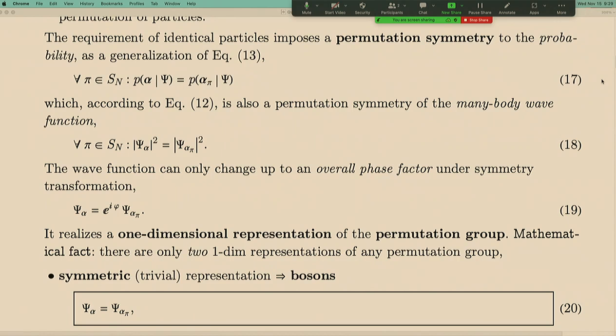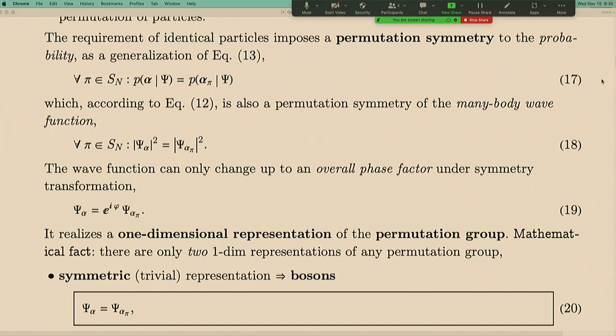There are n-factorial different ways of permuting that. So although this looks like one equality, it's actually n-factorial equalities, many conditions. No matter how you permute this alpha, all the possible permutations end up with different sequences, and they all have the same probability to be observed given the many-body state, because otherwise the particles would be distinguishable.